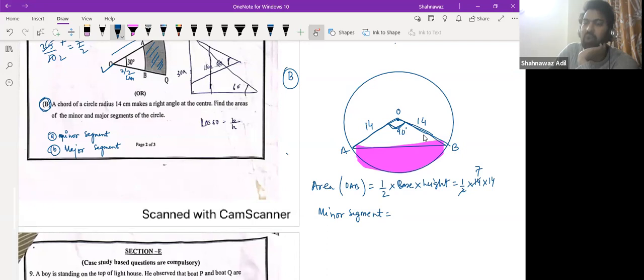Let me first ask, what are the areas that you have done in this chapter? Area of a sector, area of a segment. These two areas you have done.